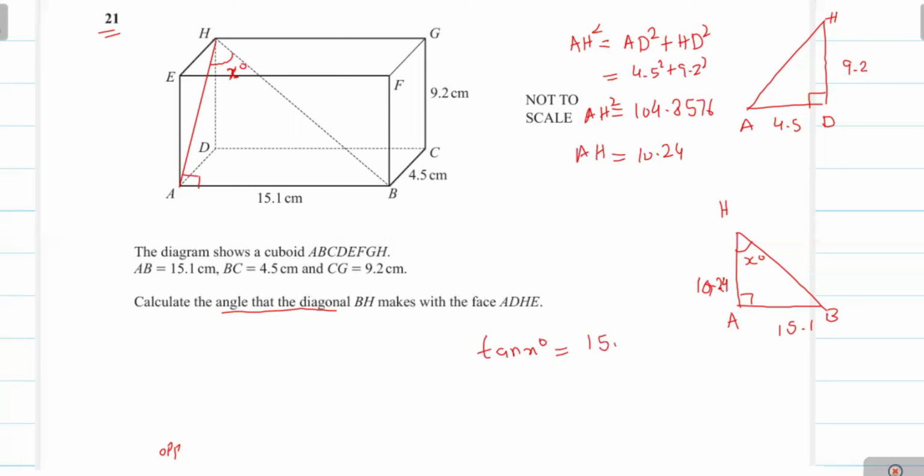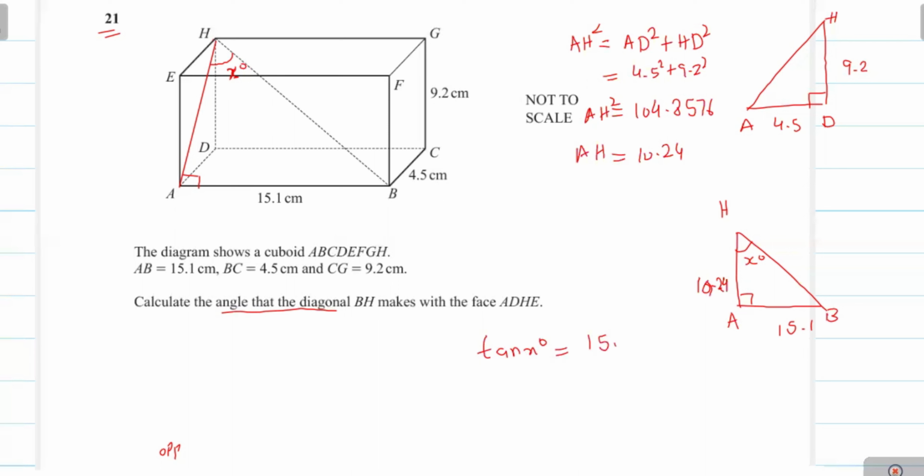Now we take the tan inverse of this value. 15.1 divided by 10.24, this value is equal to 1.47. We take the tan inverse. This value is 55.85. And this is the answer. We write here 55.85.